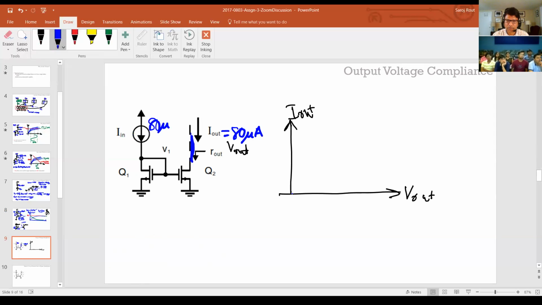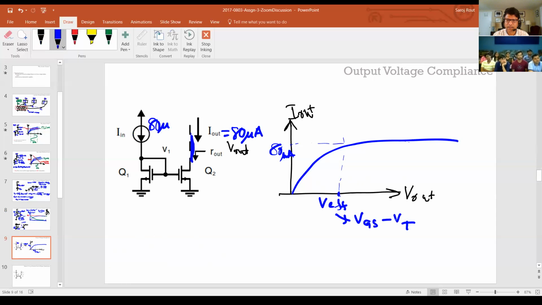Let's say the output impedance is very high, so it'll follow this curve. So this looks like a current source, and this is the point where it becomes equal to your input current source, 80 microamps, and this usually is the voltage V effective, which is VGS minus VT, and we calculated for the previous example, it was 0.118 volts.